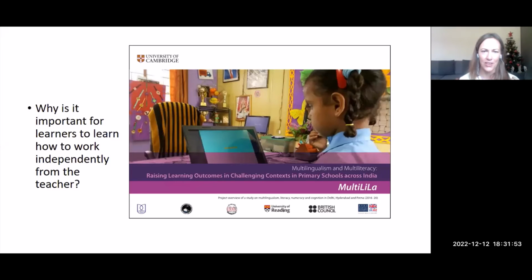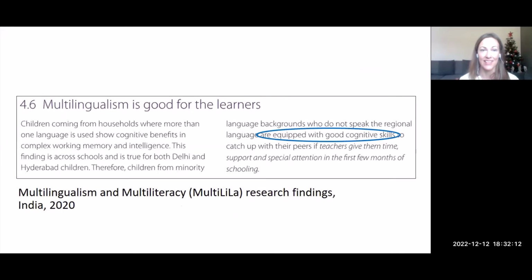So this was done, I think, between 2016 and 2020 in different parts of India, and it was looking at how English is taught and asking the question, what is multilingualism? Is it good? Is it helping us to learn other languages in schools? And the answer was a resounding yes.